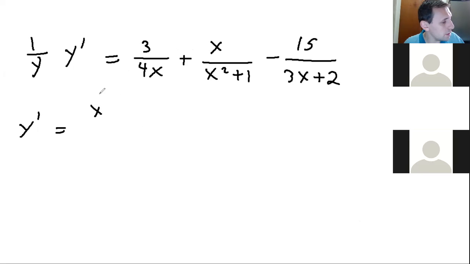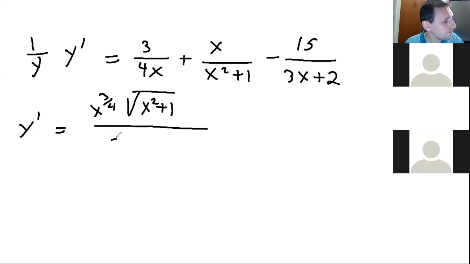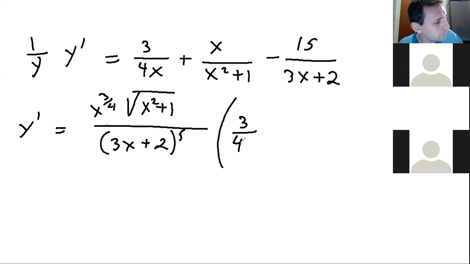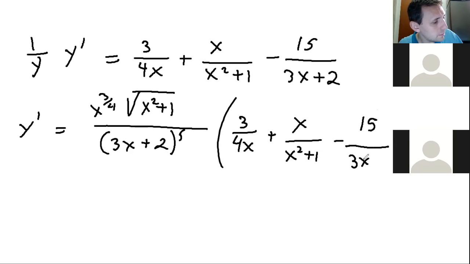So it's x to the 3/4 root x squared plus 1 divided by 3x plus 2 to the power of 5, multiplied by 3 over 4x plus x over x squared plus 1 minus 15 over 3x plus 2. Good? We are done. That's the solution to this question.